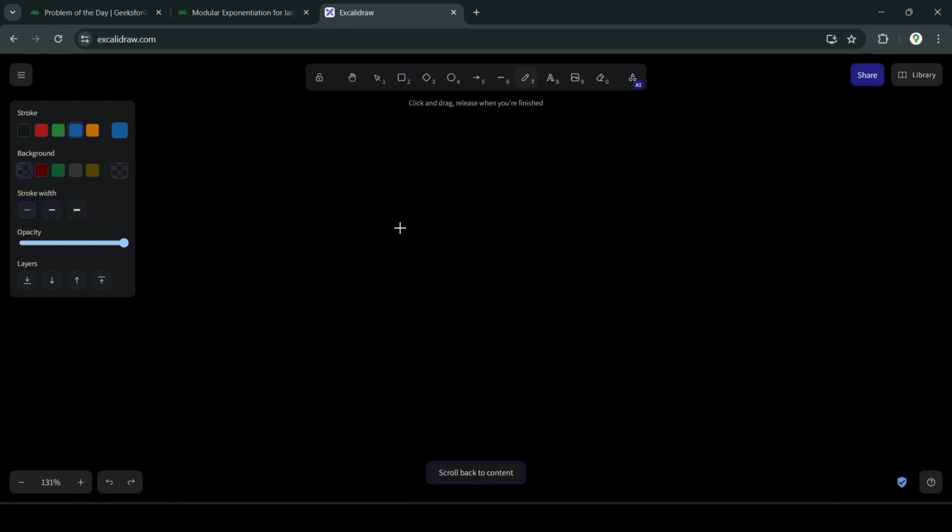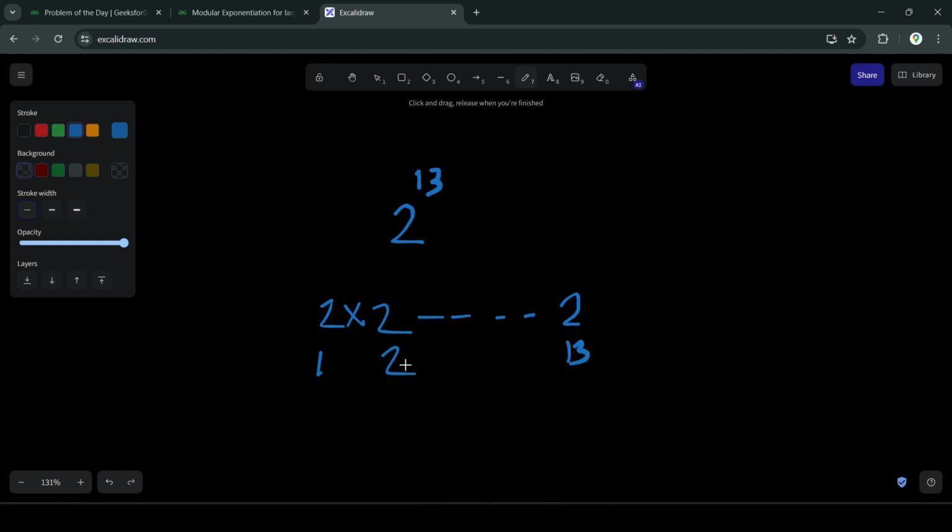So how can we deal with this question? Let us have a small example, that is 2 to the power 13. One thing is sure, that if we generally calculate all the values of 2, basically 2 into 2 into 2 thirteen times, then it will take linear time complexity, right? So we cannot afford that.